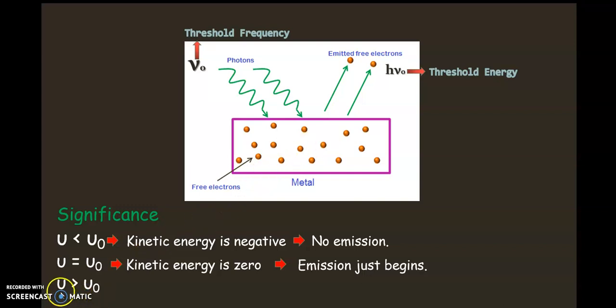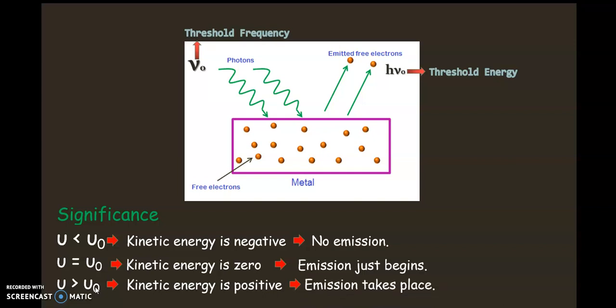If the frequency is greater than the threshold frequency, the excess energy is imparted to the electron to give it a certain velocity, and the electron will get a kinetic energy by which it is emitted.